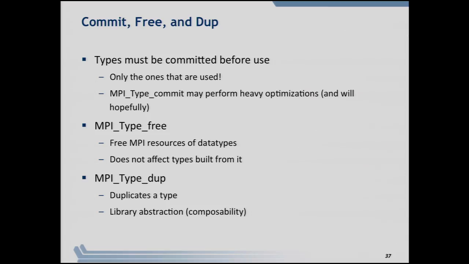The idea here is that when you are doing this data type construction, at the very end, by calling commit, you're telling MPI that I'm done with my data type construction, because it can get complex. But now you can try to analyze what I have done and save that in some way internally, so that when I do communication repeatedly with this derived data type, you know what to do. You have understood the data layout.